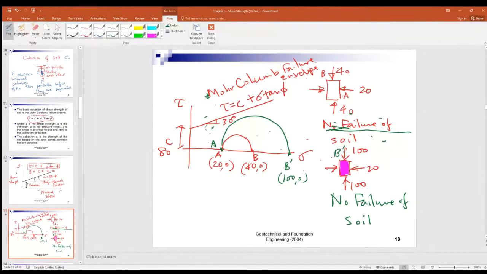What about this element, 200? Again it's 20.